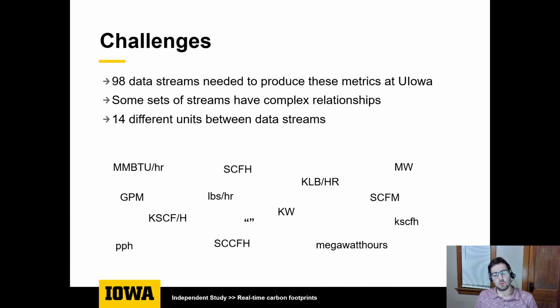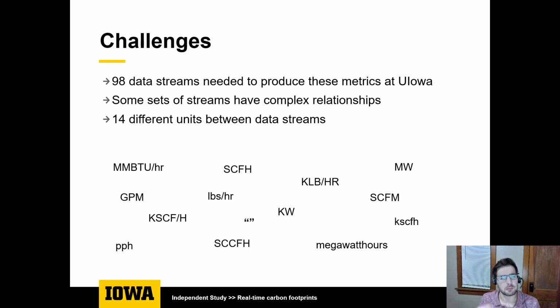Okay, so we see the metrics that we're after, and we see some uses for them with these dashboards and with this carbon-based load shifting. But these metrics were not easy to produce, and we ran into a lot of challenges. So in terms of the data we need, our current model is using 98 data streams to calculate these numbers, and most of those data streams come from the University of Iowa's Energy Systems Digital Twin, which is just a digital representation of our energy system.